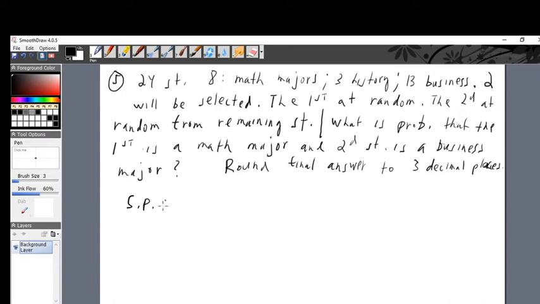Let's call the events that you select a math major, right? Event A. So let me put the event A is going to be math major.